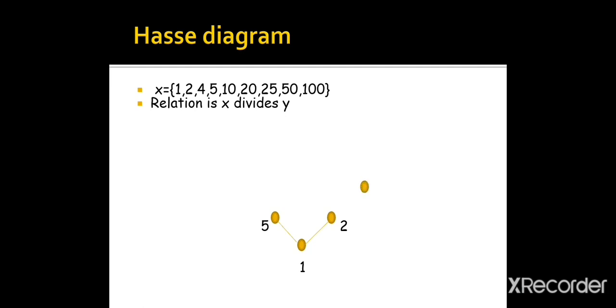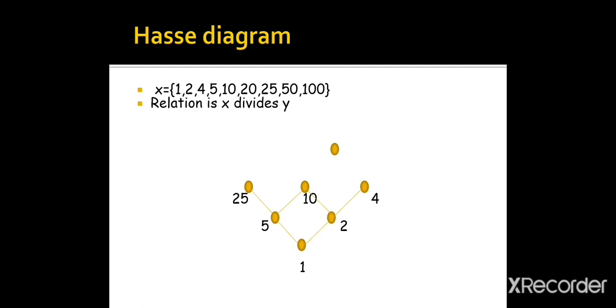Then comes 4, and we join 2 and 4 because 2 divides 4. Also 5 and 2 both divide 10, so we join them. 5 divides 25, so we join them.